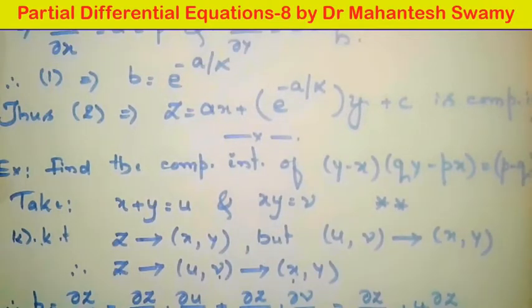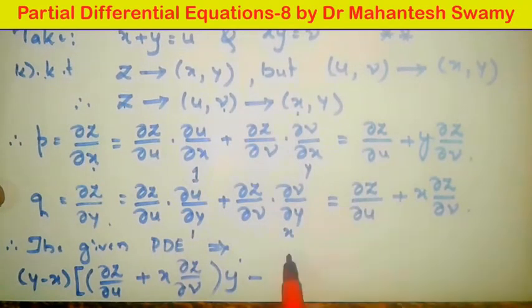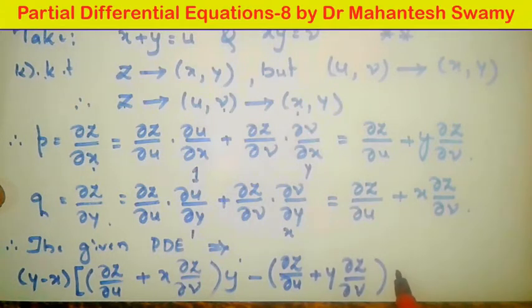In the differential equation given here we are having minus px, so minus the p value, that is dou z by dou u plus y into dou z by dou v, into x. So close the bracket. On RHS we are having p minus q whole square.